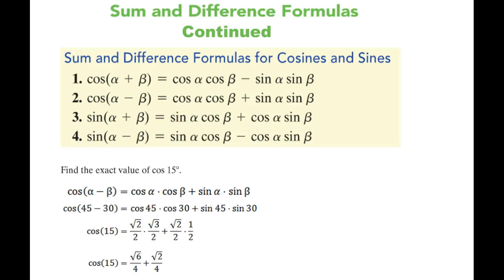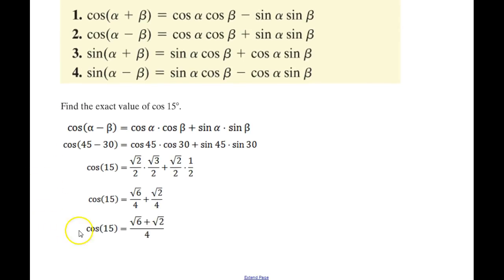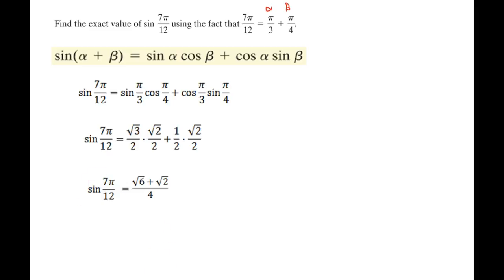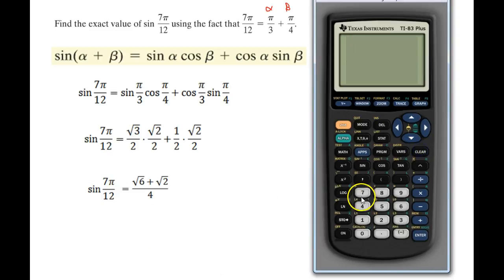Well, it's because we have cofunctions and coterminal angles. So this was the cosine of 15 degrees. Well, if we take 7 pi over 12 and convert it to degrees, we multiply by 180 over pi and then reduce, and that's 105 degrees.